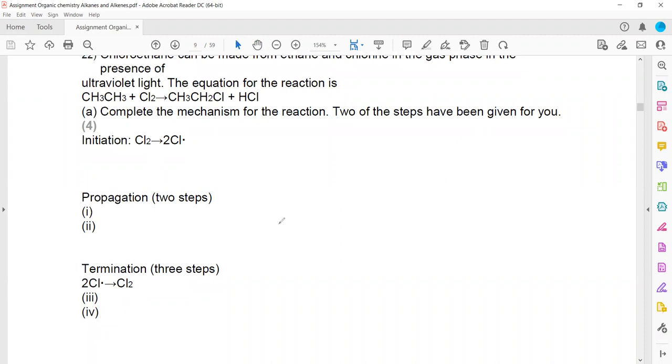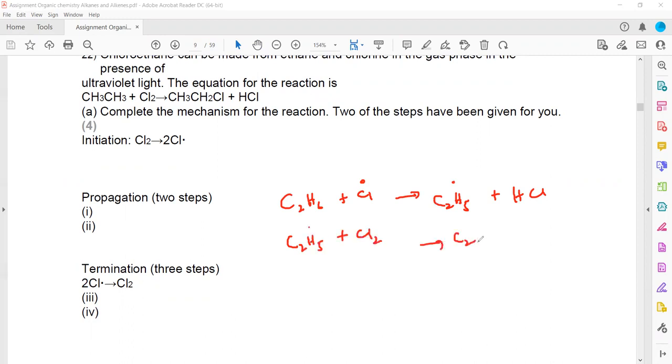What happens in propagation? We have C2H6 plus Cl radical. As a result, it produces C2H5 radical plus HCl. And then this C2H5 radical reacts with another chlorine molecule. It will produce C2H5Cl plus chlorine radical.